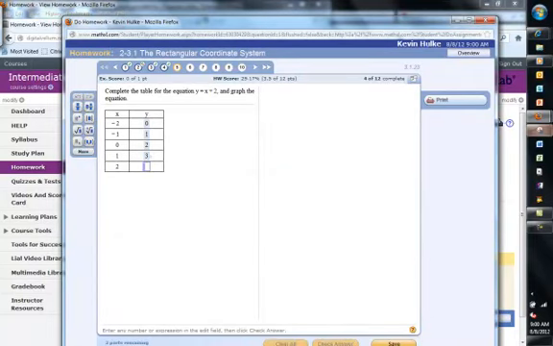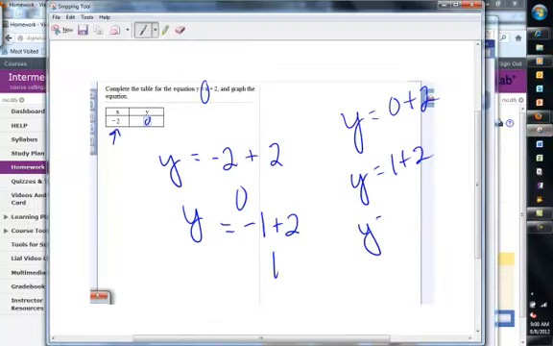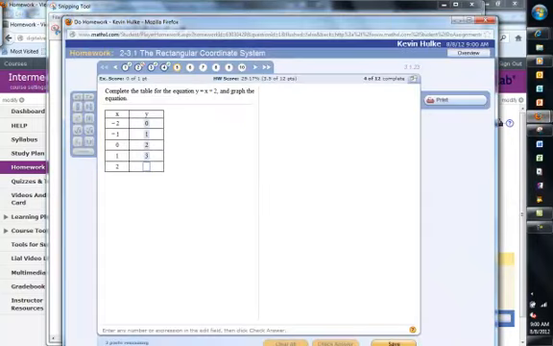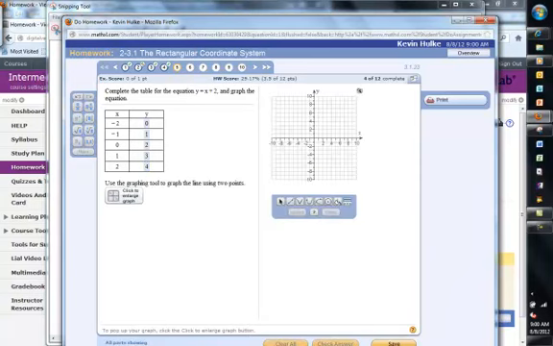Then 2 plus 2, oh man, I guess y equals 2 plus 2, which is 4. Oops. And then graph that line. So -2, 0 is one of the points, and then -1, 1 is the next one.